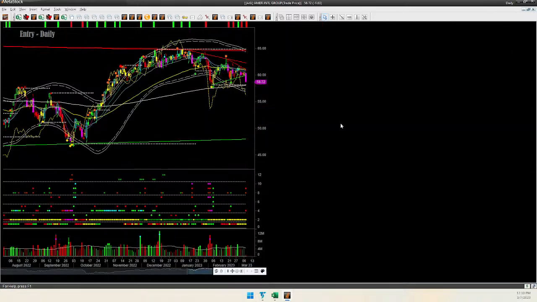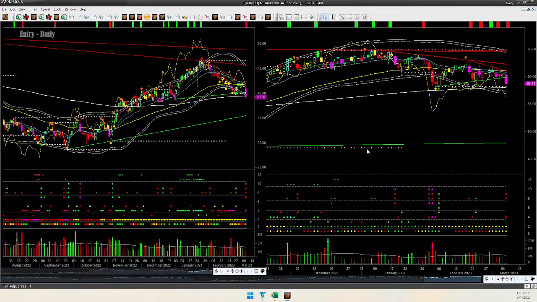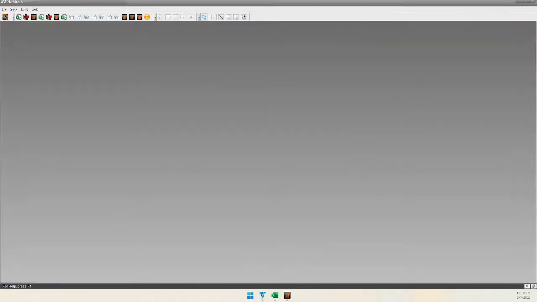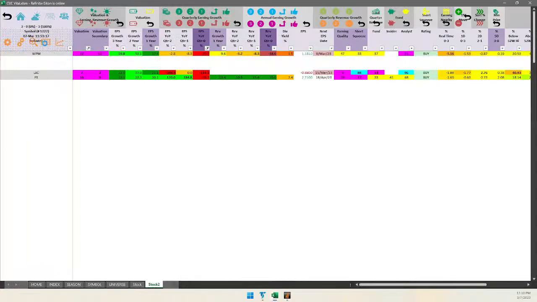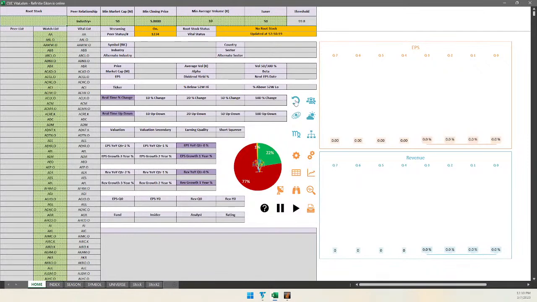So let's say I found WPM. Let me close all the charts. WPM and NTNX. Next step is to check their fundamentals. Remember, now I'm doing technical first, so I didn't know the fundamentals yet, and I have the codes already for the stocks.